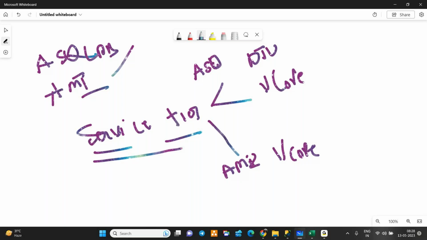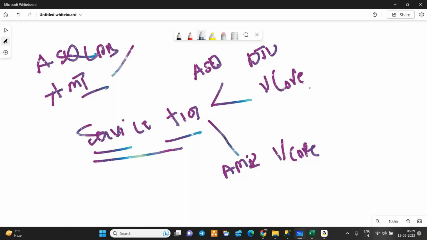In Azure SQL Database, we can deploy our service in two ways: DTU or vCore.